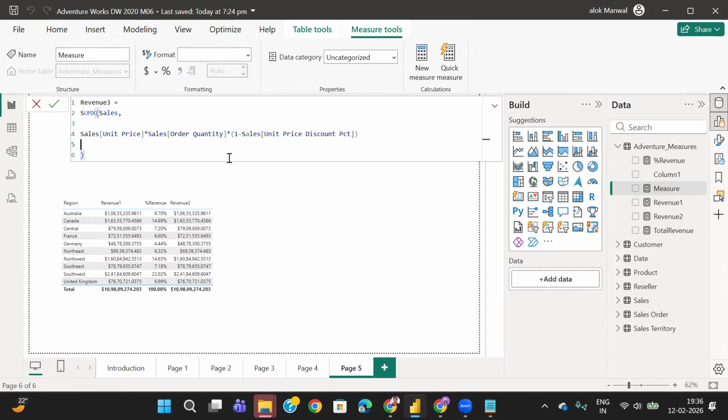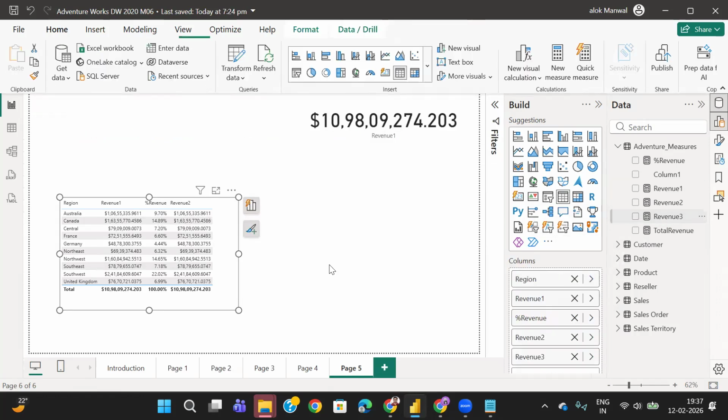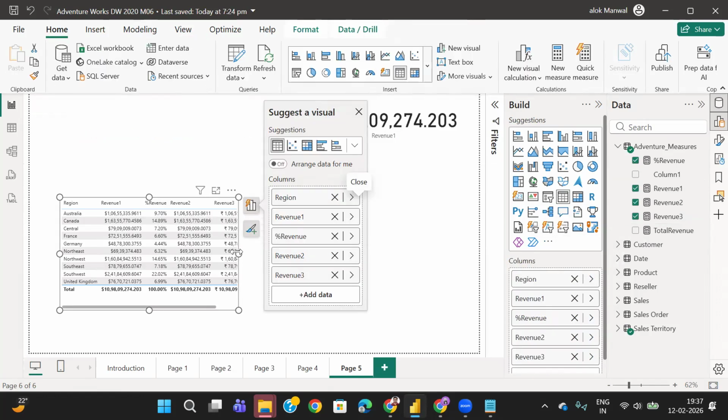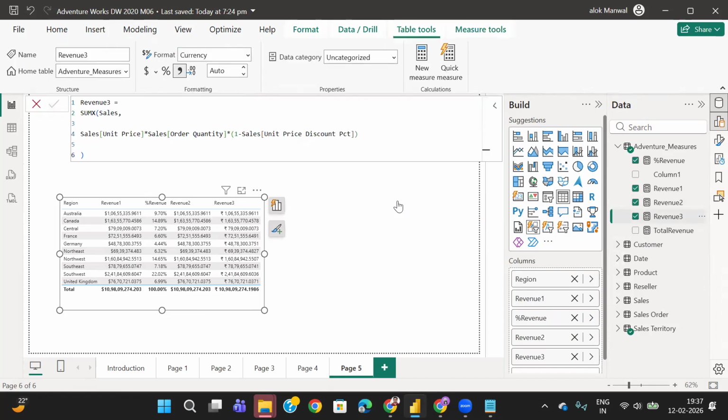This is how we are going to get revenue from the unit price, order quantity, and also discount. I'm just pressing enter. It's a little bit more complicated than the previous ones, but we will understand it if we are aware of the previous two measures.